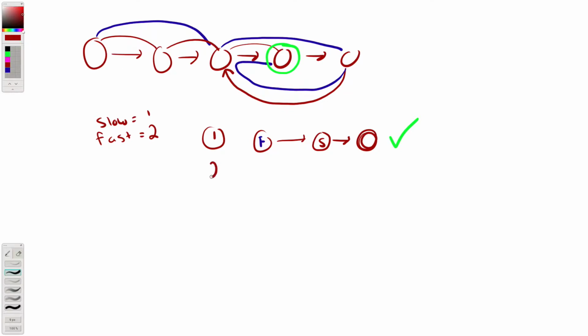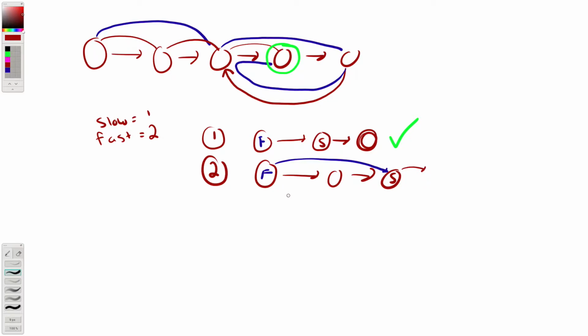But that's not the only case, right? We could have the fast be here, and then one node in the middle, and have the slow be there. But then, after one iteration, fast goes here, and slow goes here.